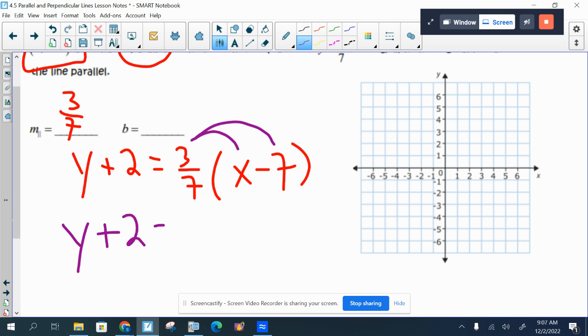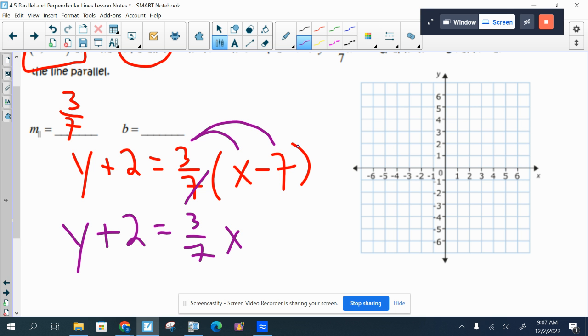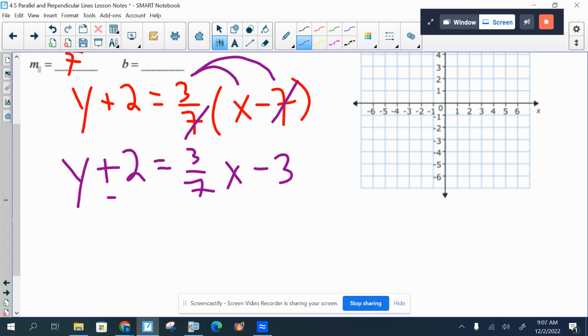Y plus 2 equals 3/7 x. Remember, if I take 3/7 times 7, the 7s will cancel and you just get -3. Subtract 2 over. You get y equals 3/7 x minus 5.